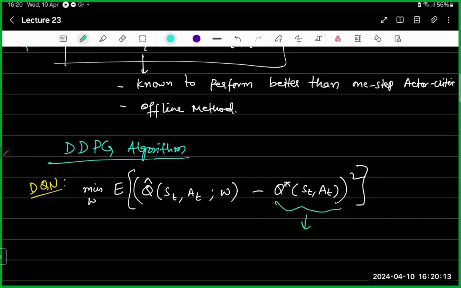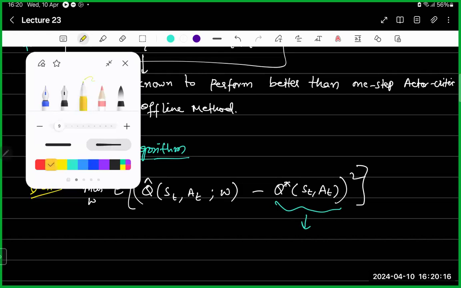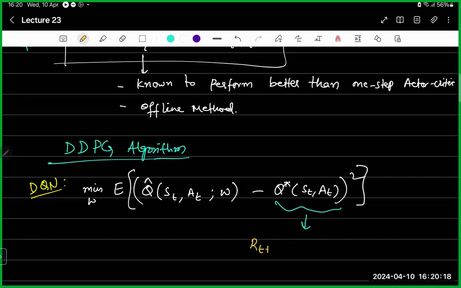It will be R t plus 1 plus gamma times max over A of Q hat of S t plus 1 comma A, right? This is what we did, right? If we don't know Q star, we just substituted this value instead of Q star.